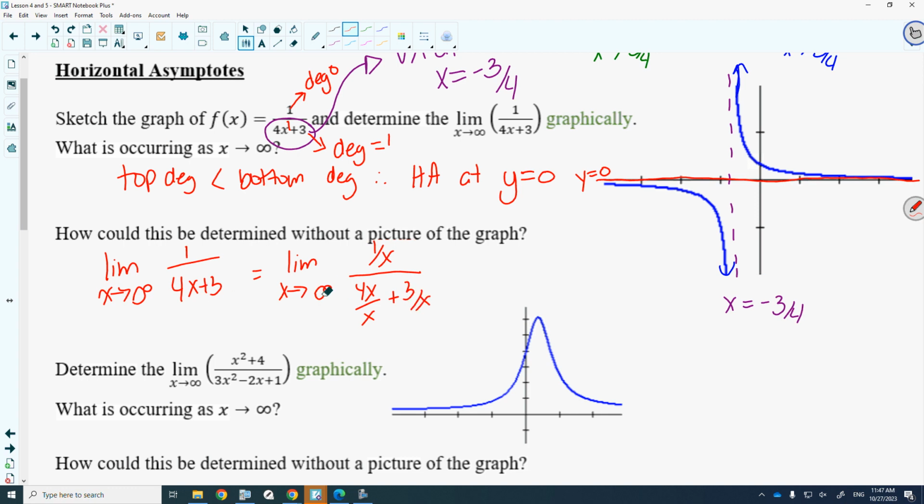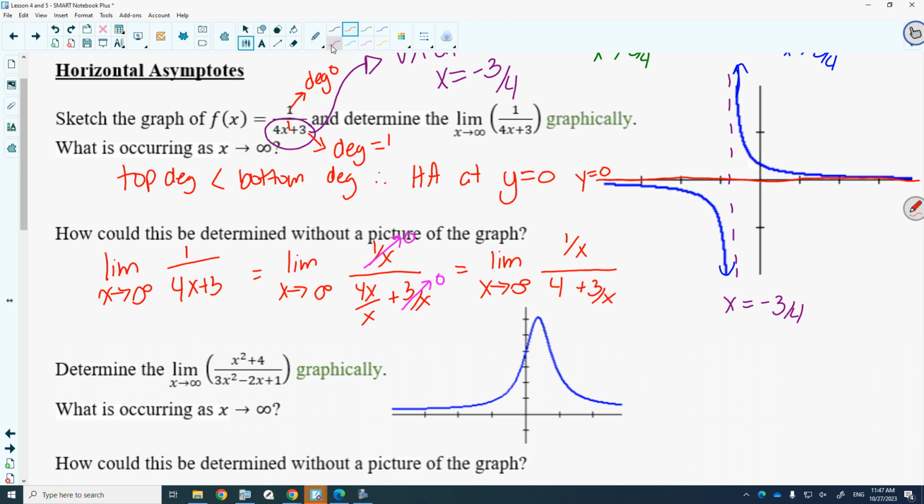Then we're going to infinity, or negative infinity, it doesn't matter. But as we go to infinity, what's 1 divided by a really big number? 0. This is approaching 0. This is approaching 0. Let me clean this up a bit: as x approaches infinity, 4 plus 3 over x.